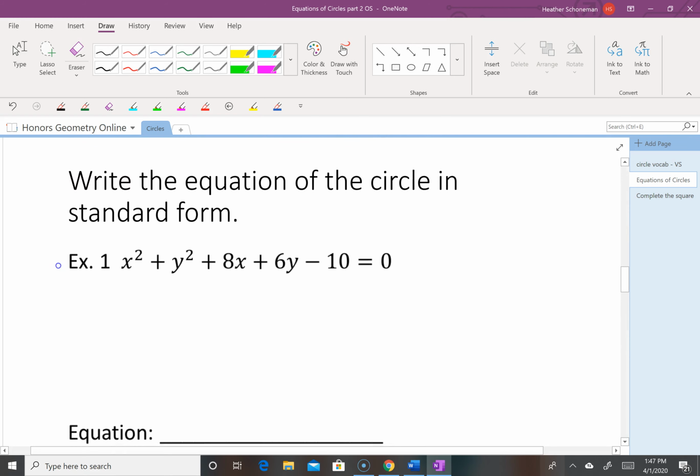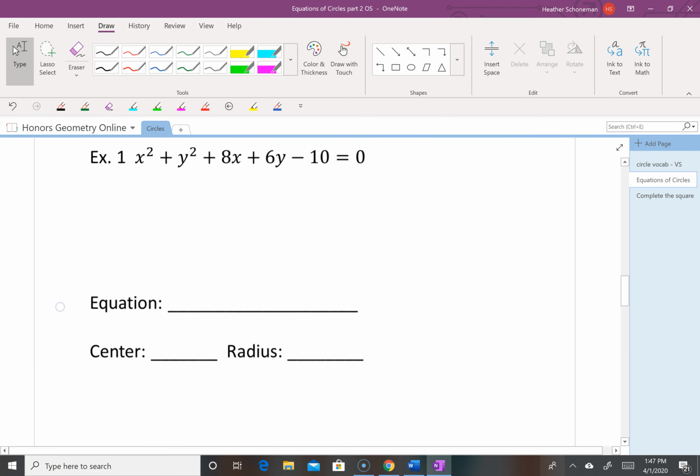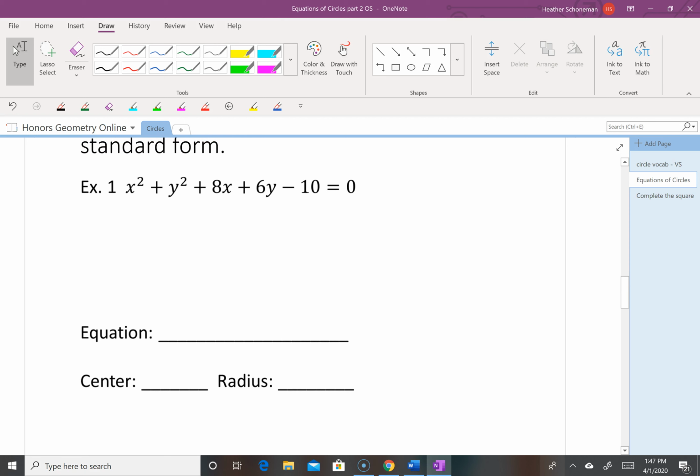All right, let's try this. So here's the first one. We are going to write it in standard form and then identify the different pieces of information. To write it into standard form, we are doing a process called completing the square. The first step is we're going to group the x's, group the y's, and then put the numbers on the other side of the equation. So what would that look like?